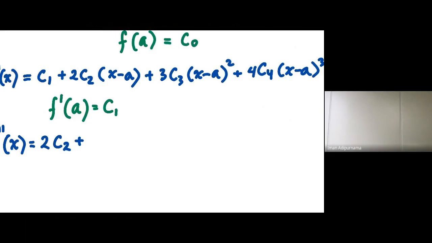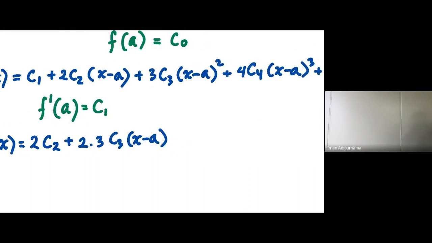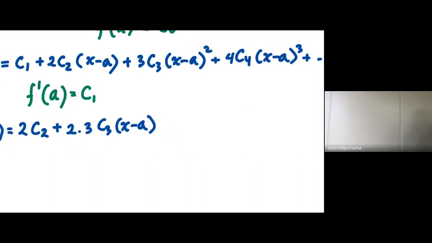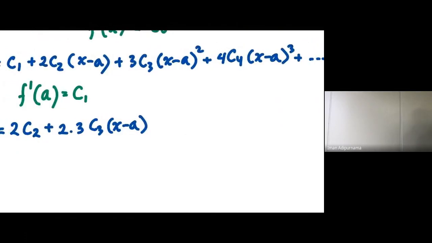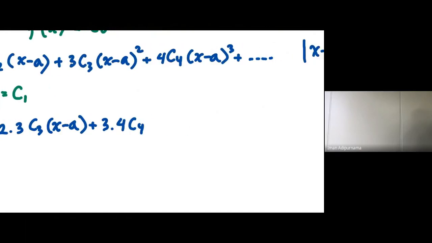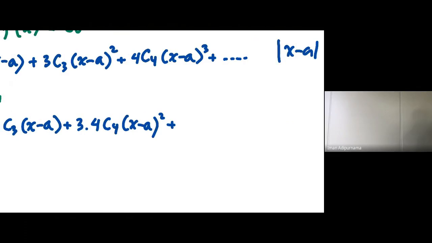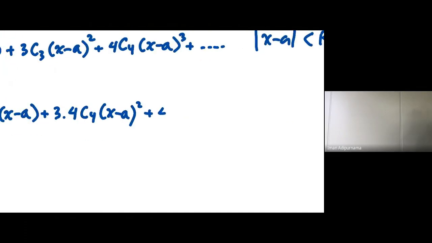It should be 6, but I will write 2 multiplied by 3, so you will see the forms directly. So 2, 3, C3. And then the next one is plus 3, 4, C4, times x minus a, squared. Maybe I will stop just here.